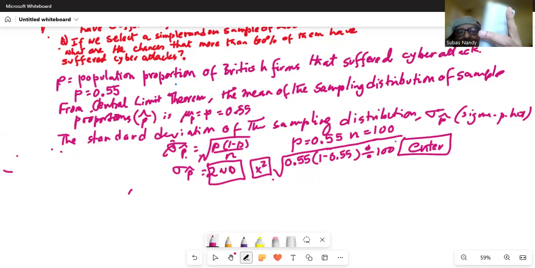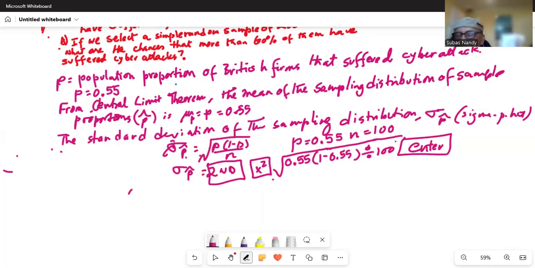Inside the square root 0.55, left parenthesis 1 minus 0.55, right parenthesis, divided by my sample size 100.